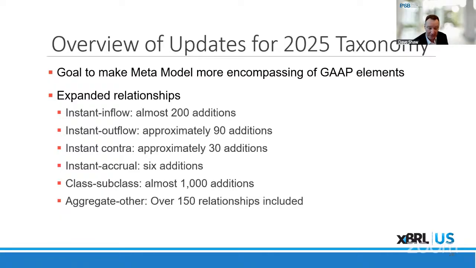I encourage you to take a look at the meta model, and if you see anything missing, feel free to reach out. That's appreciated. We do want to get more people looking at it and telling us what they would like to see added to it. For the new aggregate other relationship, we added 150 relationships for that relationship type.